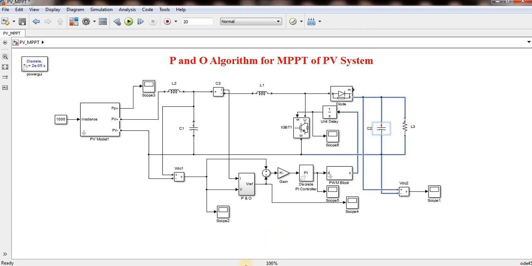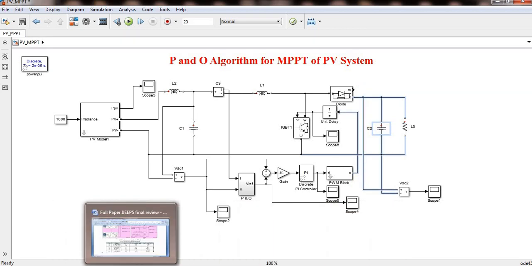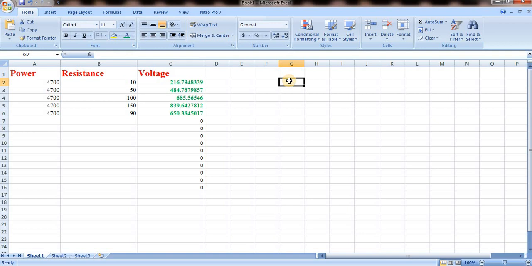If the output voltage of the boost converter is 700 volts, then with 10 ohms, how much power must the PV produce? It is 49 kilowatts, but my PV capacity is only 4.7 kilowatts.